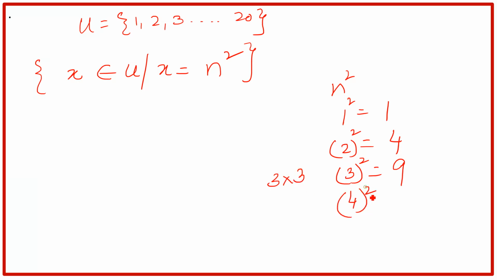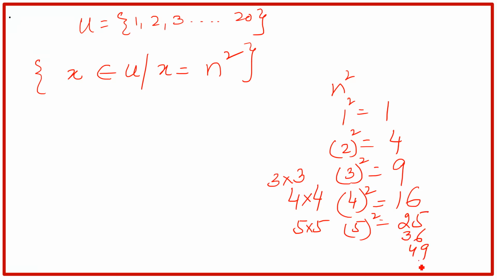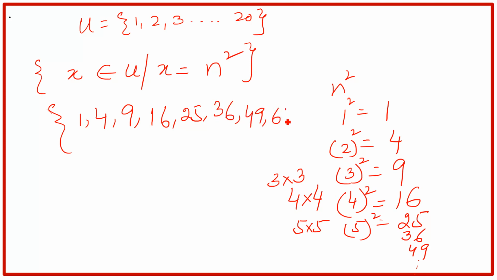Similarly, square of 4 does not mean 4 times 2 is 8. It means you have 4, 2 times. Similarly, 5, you have 2 times. 5 square will be 25. Then 36, then 49 and so on. So here we can write down the listing in braces: 1, 4, 9, 16, 25, 36, 49, 64.